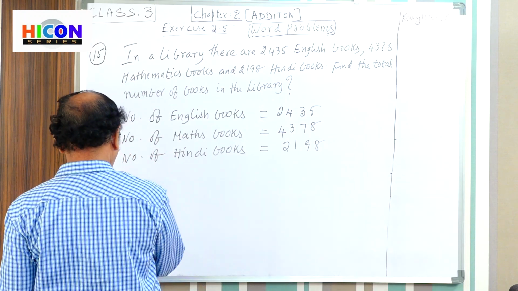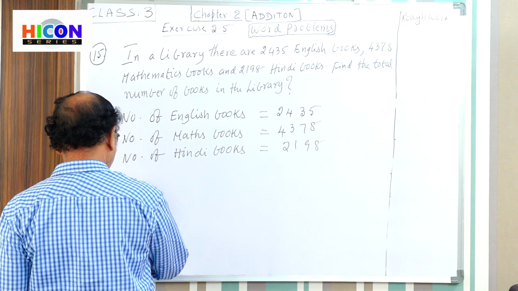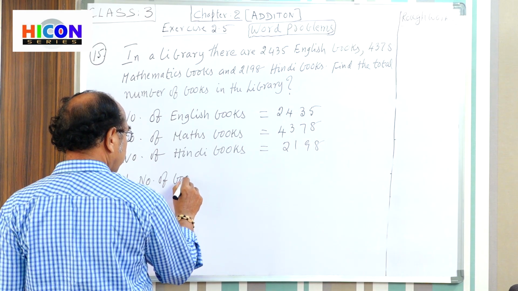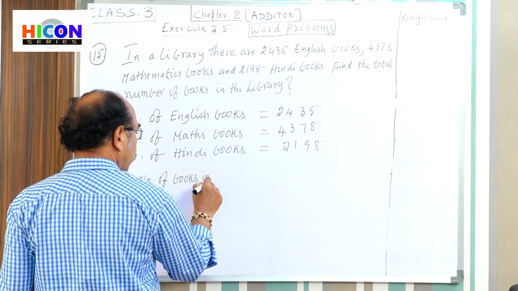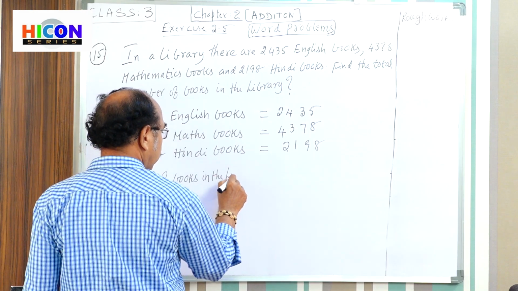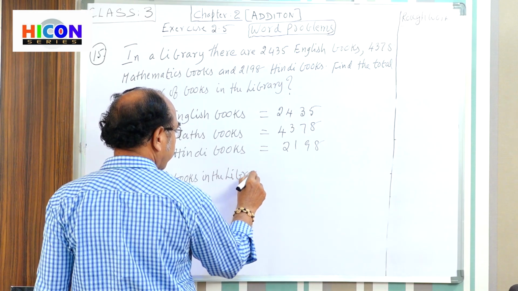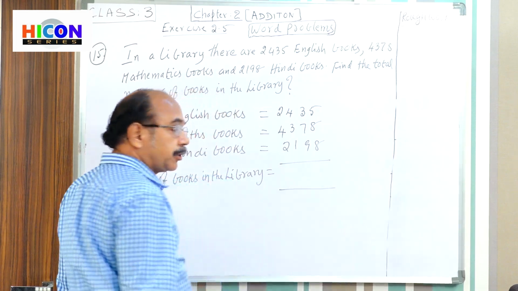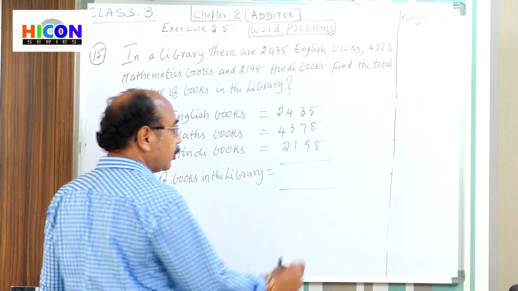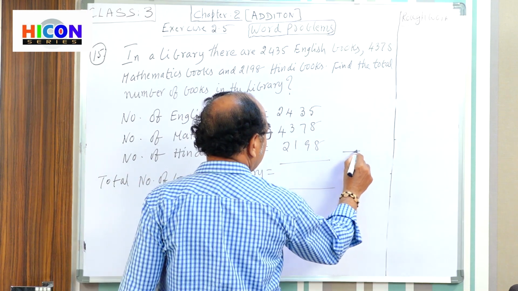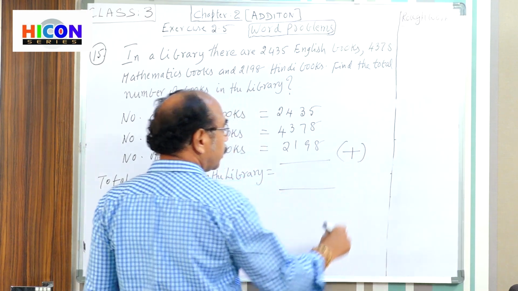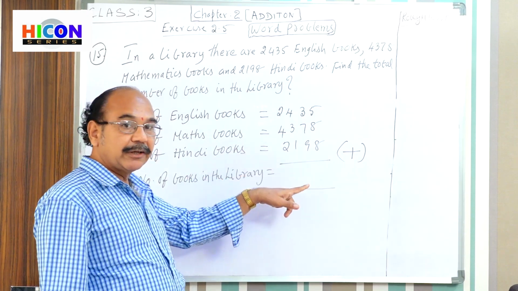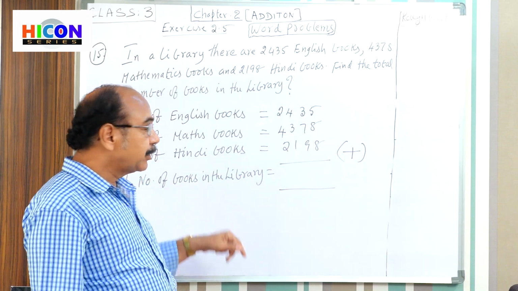So here we write total number of books in the library is equal to add the 3 numbers. So here we add plus. That means addition. By adding the 3 numbers, we can find the total number of books in the library.